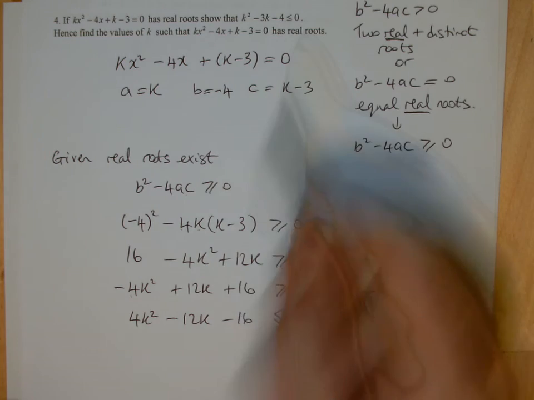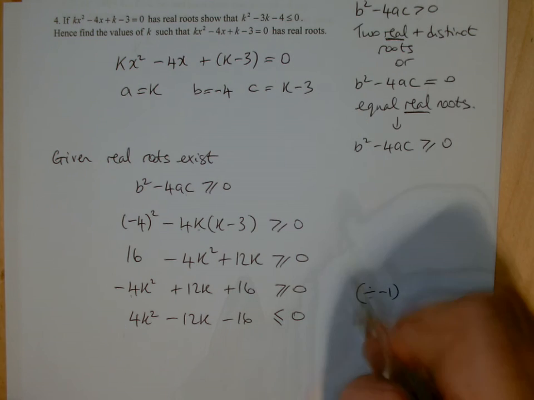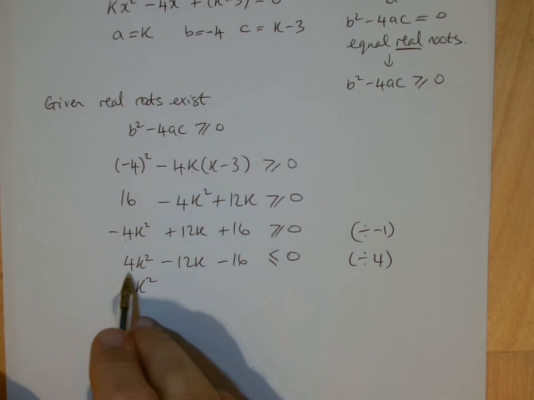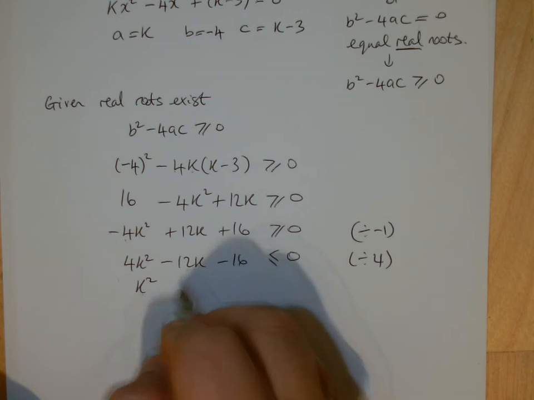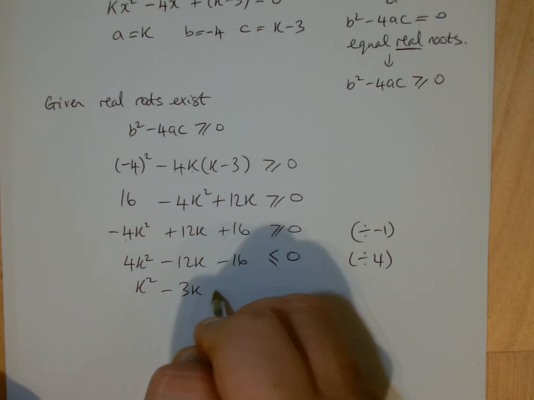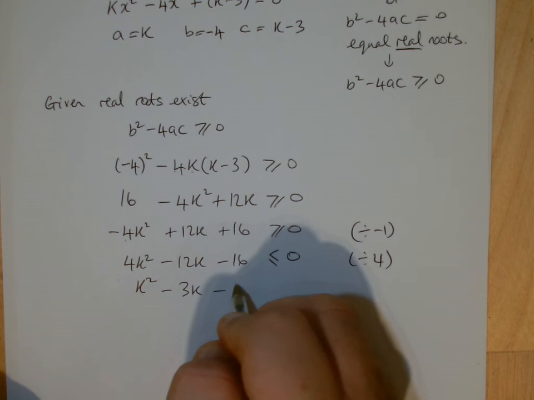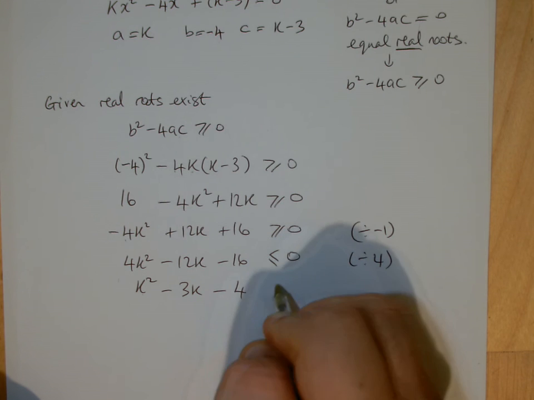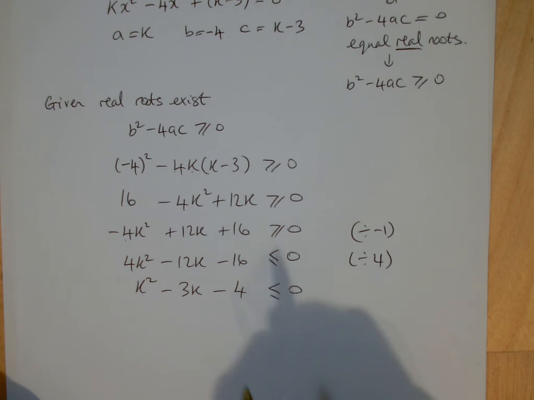Look at what we want. It's very close. I hope you can see there's a factor of 4. So if we divide by 4, we get k squared, because 4k squared divided by 4 is that. Divide that by 4, you get minus 3k. And 16 divided by 4 is 4. So we get exactly what they want.